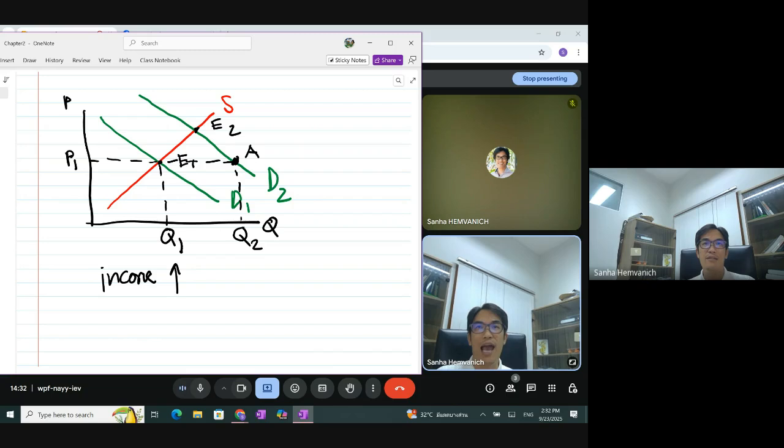So at P1, the supply is still at Q1. Because for the producer, assume that the producer is not the consumer. The demand increases, but the factory is still the same factory.